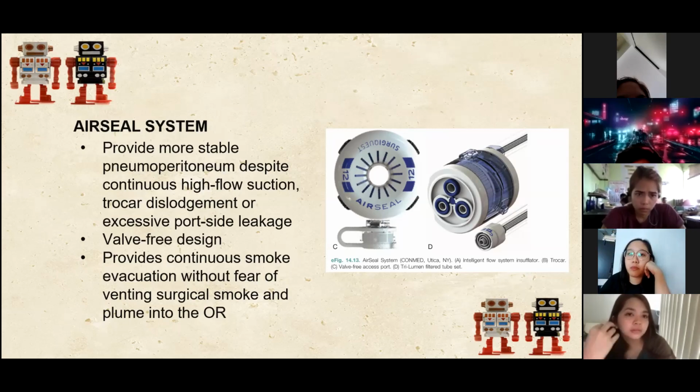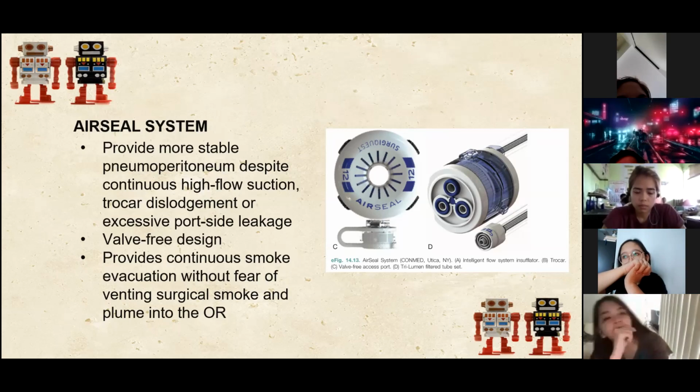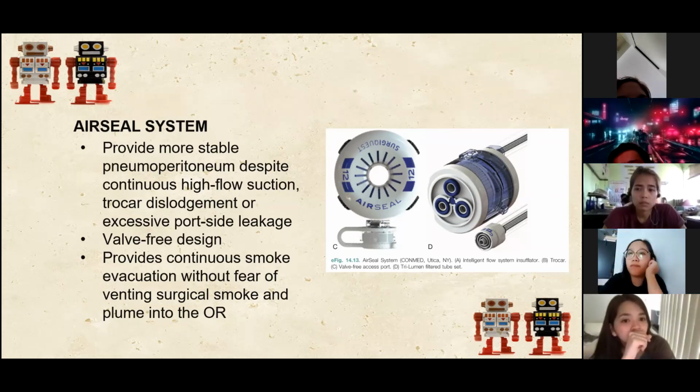So, your air seal system provides more stable pneumoperitoneum despite continuous high flow suction, trocar dislodgement, or excessive port site leakage. Its valve-free design allows smudge-free scope insertion, intact specimen removal, and easy insertion and withdrawal of instruments of varying sizes. It provides continuous smoke evacuation without the fear of venting surgical smoke and plume into the OR.